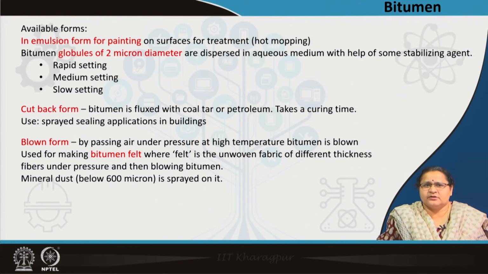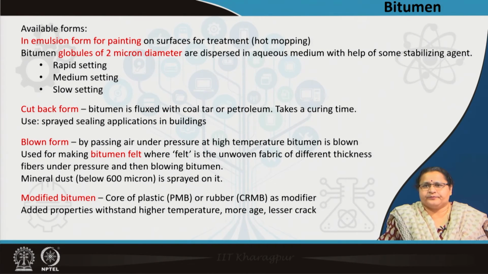Mineral dust is sprayed on top of it, which is below 600 micron, and you can feel that it gives it a rough finish. You can visit rooftops at some places, maybe even in your home, and you can experience what it is, apart from seeing pictures.